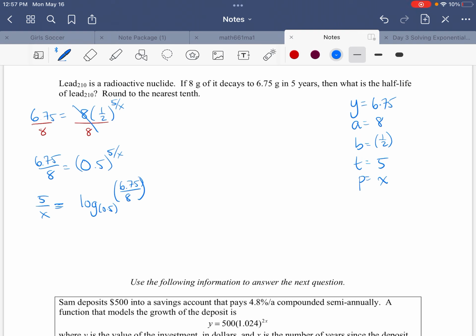Now you could solve these graphically if we just want to calculate it. Rearranging, you're going to get x is equal to 5 divided by this whole thing, so log base half of 6.75 divided by 8.